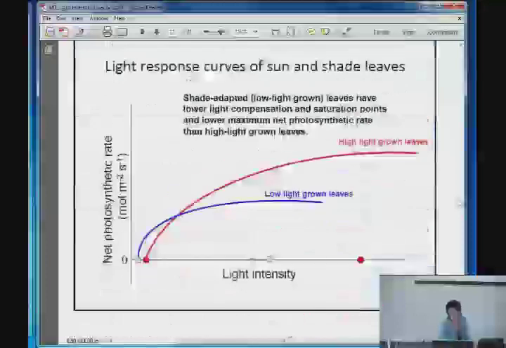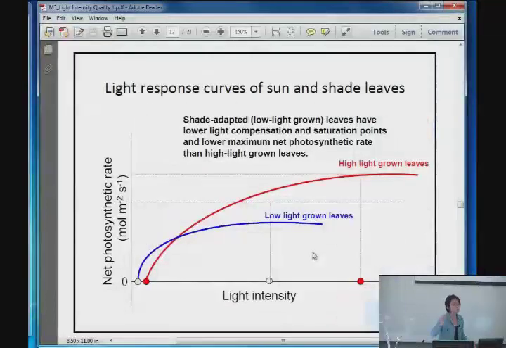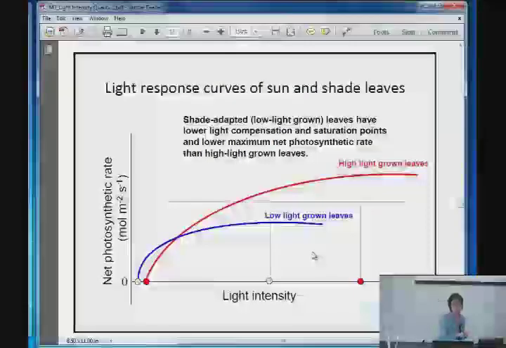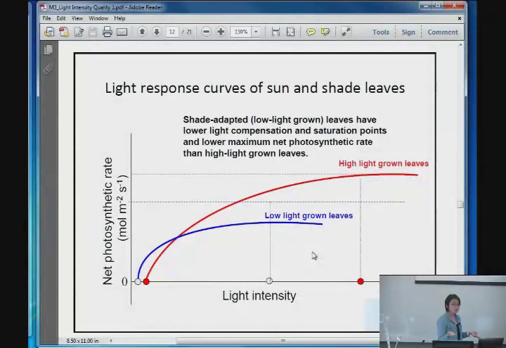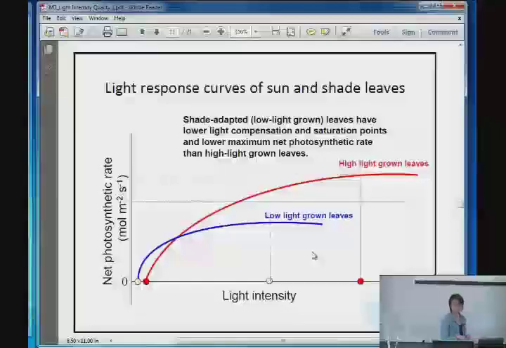And this is one example of how growing conditions affect the light saturation curve of photosynthesis. High light grown plants usually have a much higher maximum photosynthetic rate and also saturation point.